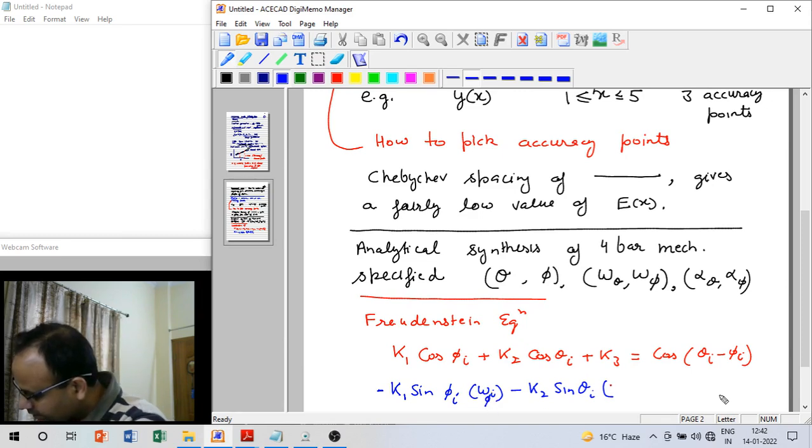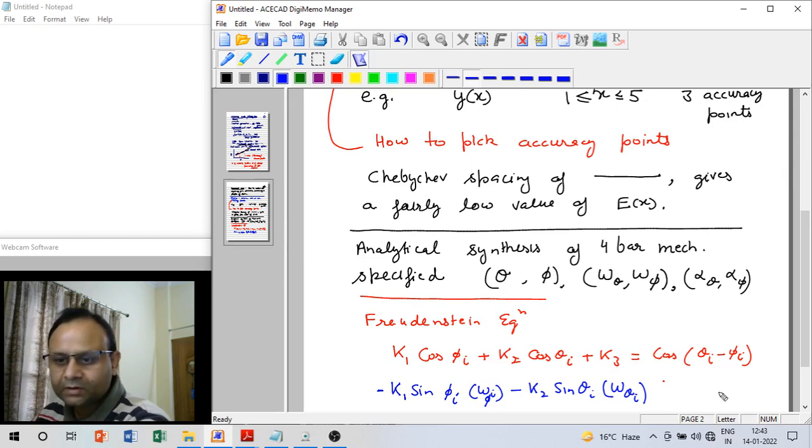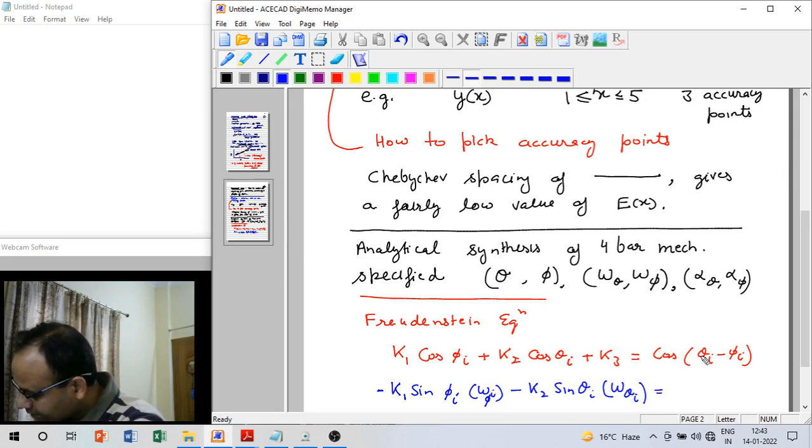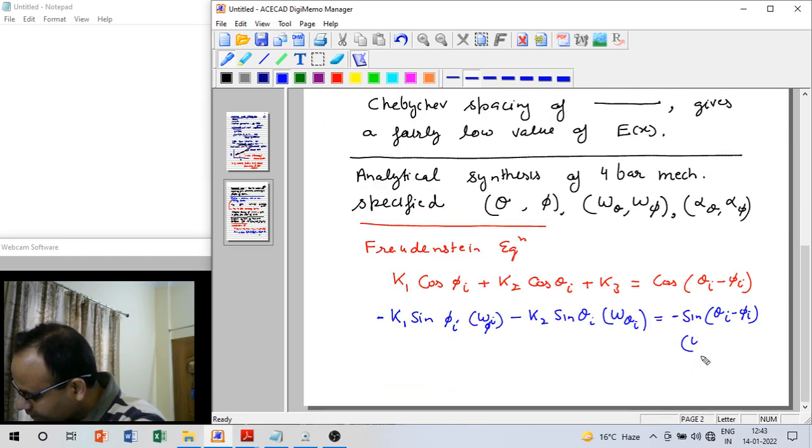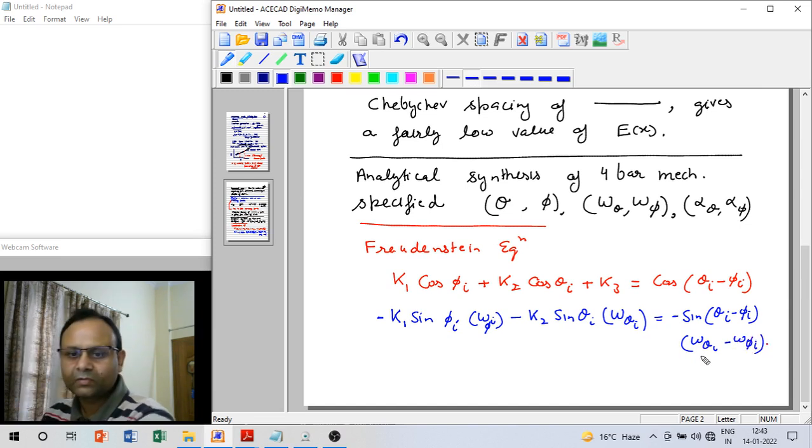And similarly here it will be omega theta I. And the derivative of this will be 0, equals, you differentiate this and it will become minus sine of theta I minus phi I, and then the derivative of this will become omega theta I minus omega phi I. That is by differentiating once.